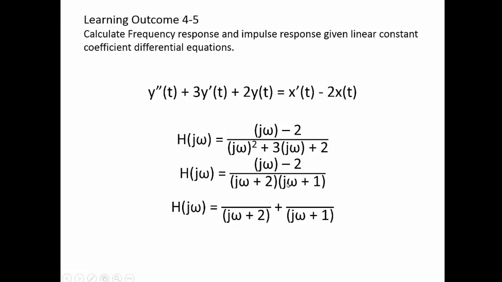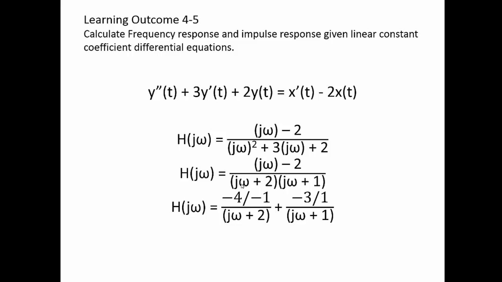Plug a negative 2 in here, plug a negative 2 in here. What value of j omega makes this term go to 0? J omega equals negative 1. Plug a negative 1 in here, plug a negative 1 in here. And there we go. We've succeeded in doing H of j omega and it is probably faster than you can type this into your calculator.